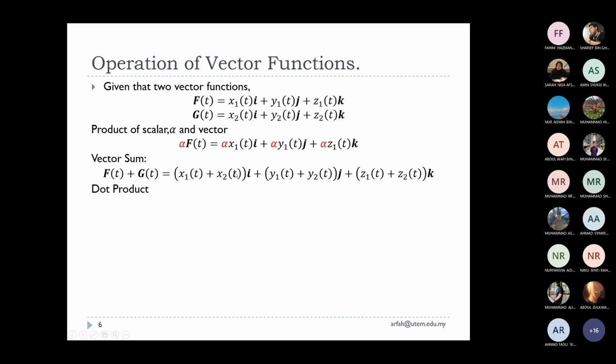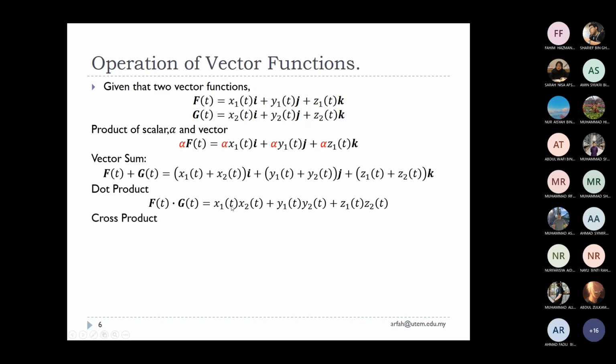And then we have the summation of two vector functions, vector f and vector g. So we will do the addition or the summation one by one for each component of i, j, and k of the vector function. Okay. And the dot product of two vector functions will give you the function itself, meaning that there will be no component of i, j, and k, because for each component, if we do the multiplication by using the dot product, you will get the answer equal to 1.